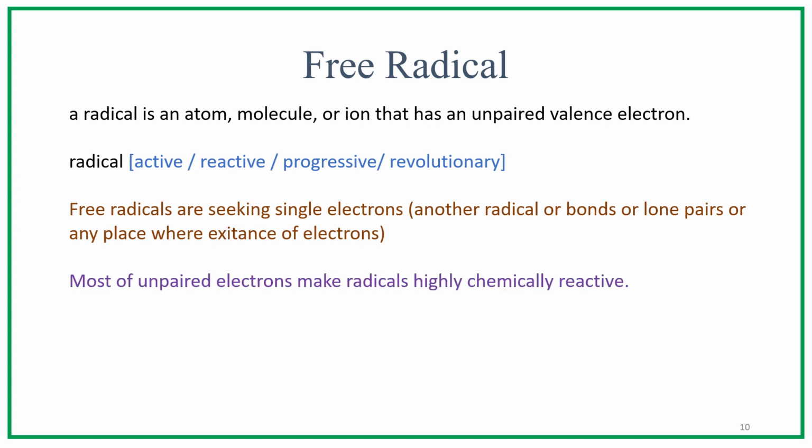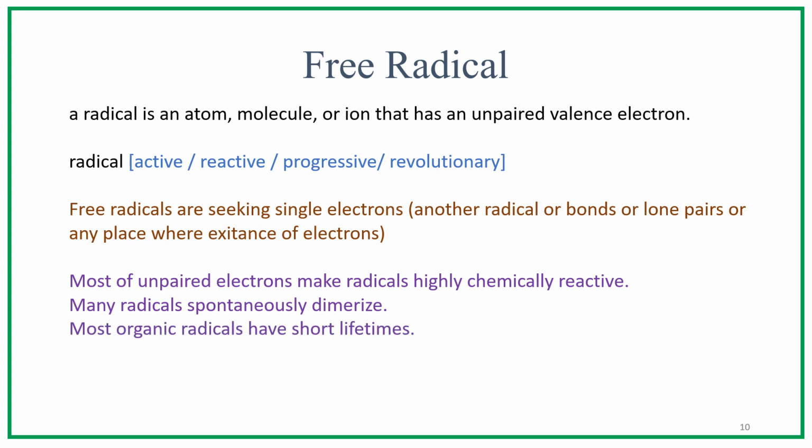Therefore, most unpaired electrons make radicals which are highly chemically reactive, and many radicals spontaneously dimerize. Why? To stabilize. Dimerizing two radicals means they couple their single electrons into a double. So most organic radicals have short lifetimes because they are highly reactive, and they dimerize to stabilize.